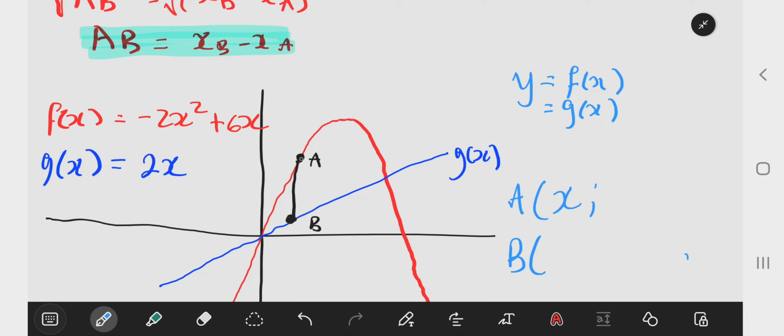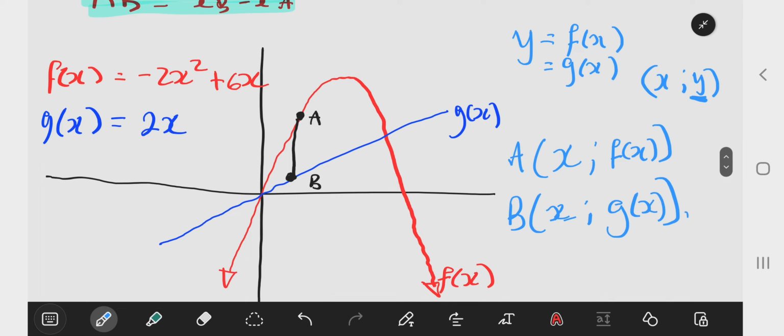So since le point leli u-A liku f of x, it means u-y wakhona kuzoba f of x. So instead of x no y, u-y wakhona f of x. And then la ku B, u-y wakhona kuzoba g of x. Why sithi uzoba g of x is because le point leli lila ku g of x.